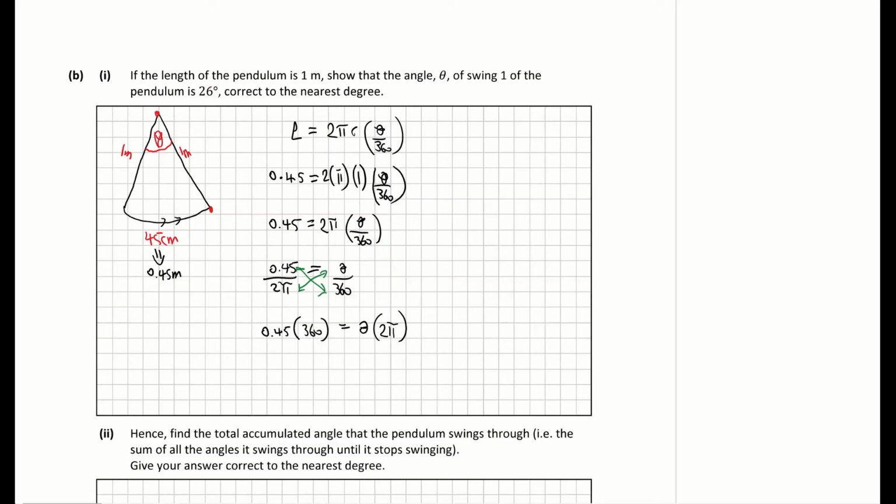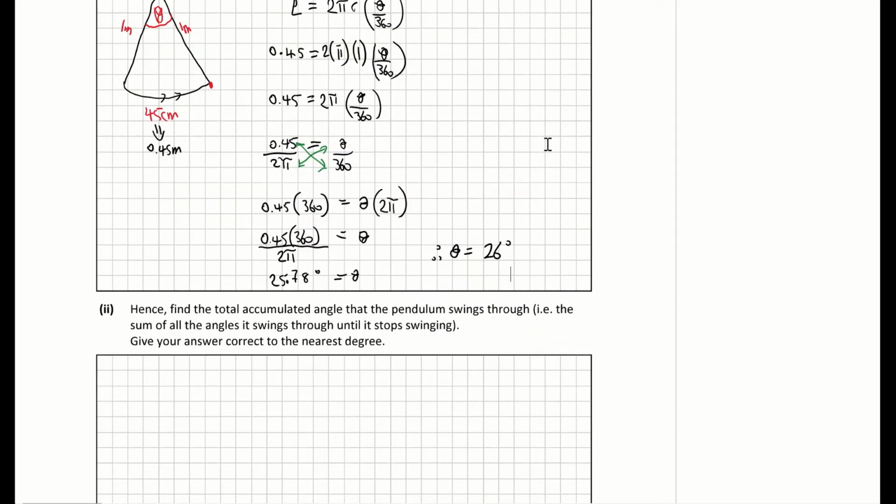And that then, in order to get theta on its own, I'm going to again divide both sides by 2 pi, which is giving me 0.45 times 360 over 2 pi. And when I type that on my calculator, I get 25.78 degrees, and the question wanted corrected to the nearest degree, so therefore theta is equal to 26 degrees. And that's what the question wanted us to prove. Different ways you could have done that question. That's just the flow of the algebra that I did it, but you can do it slightly different.